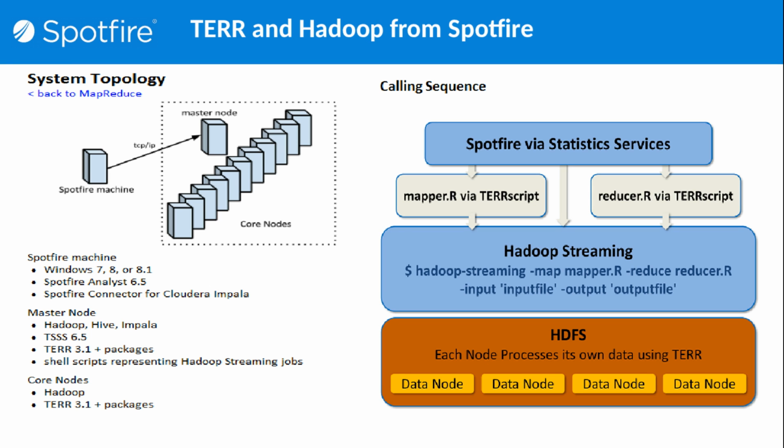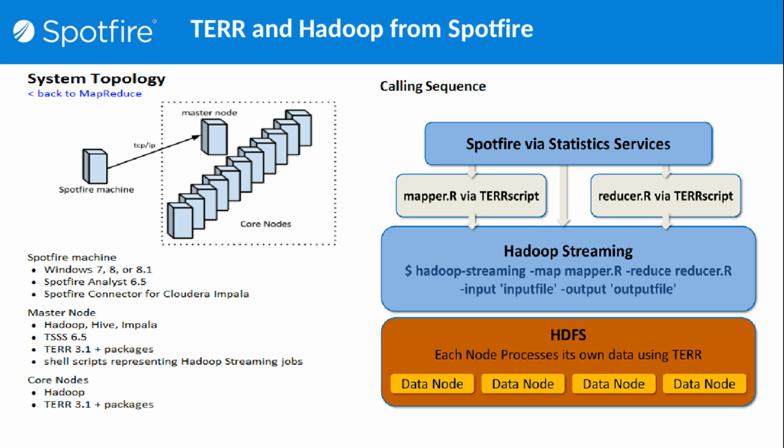So now I'm finally going to skip to here and talk a little bit about how we can run TERR code inside of Hadoop data to run a number of different use cases. So at the bottom layer here in orange, we have the HDFS files distributed over several nodes where the data lives.